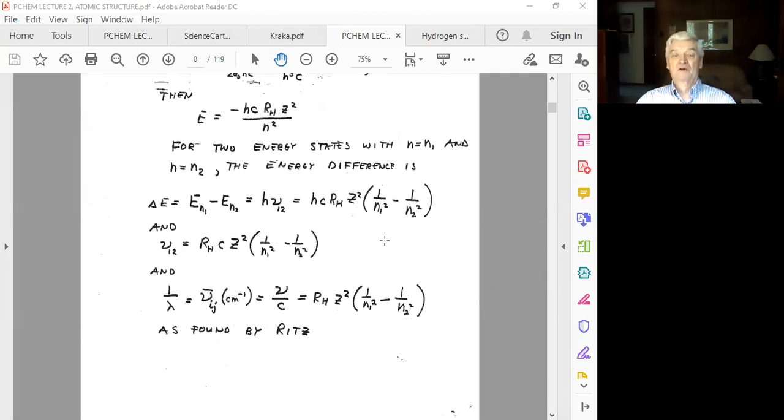If I want to go into wave numbers, then I'm going to factor out the speed of light. Notice in the first case, I'm factoring out the h in the hc that I had, but then to get it into wave numbers, I divide by c. So this would be the formula according to Ritz that we have.